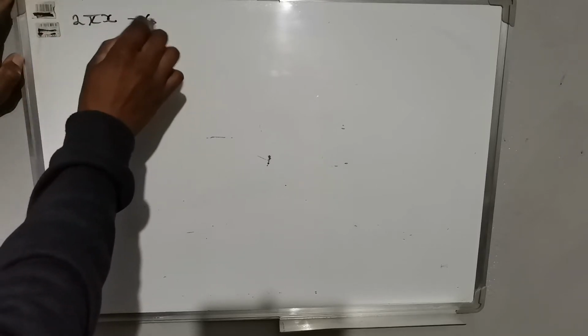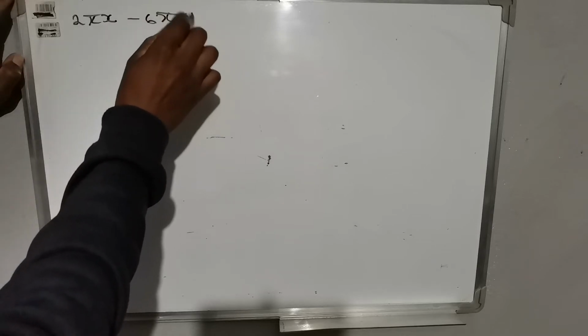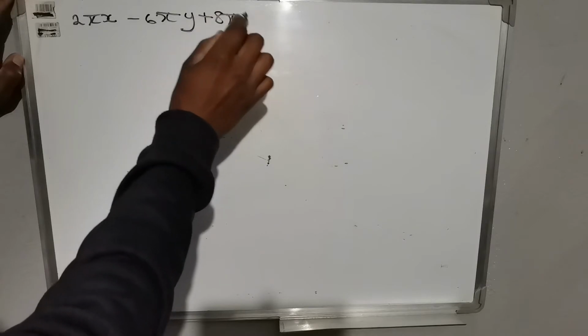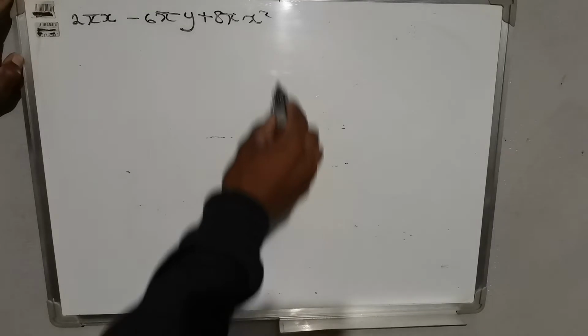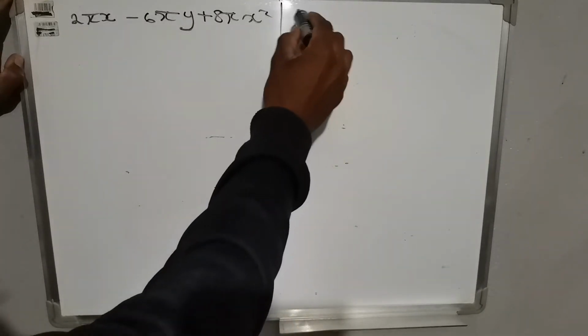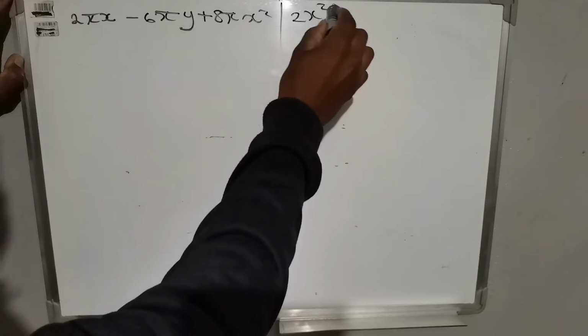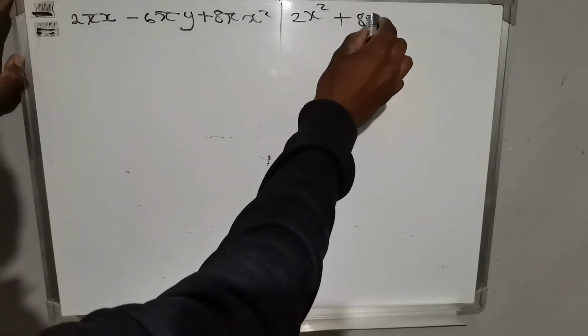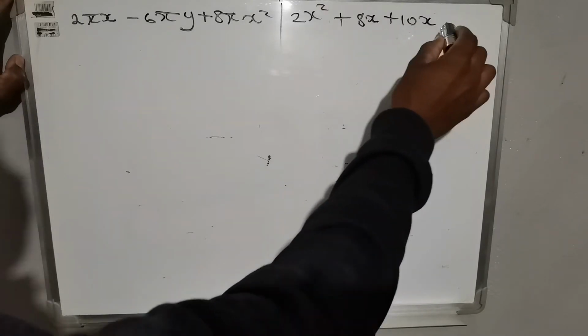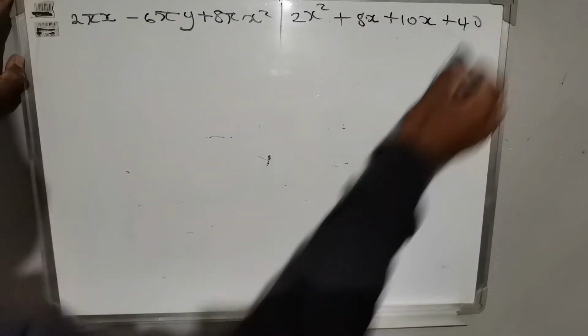Let's say we're given the equation 2 pi x minus 6 pi y plus 8 pi x squared. Okay, just for demonstration purposes, let's also write this one on this side. 2x squared, ne? 8x plus 10x plus 40.